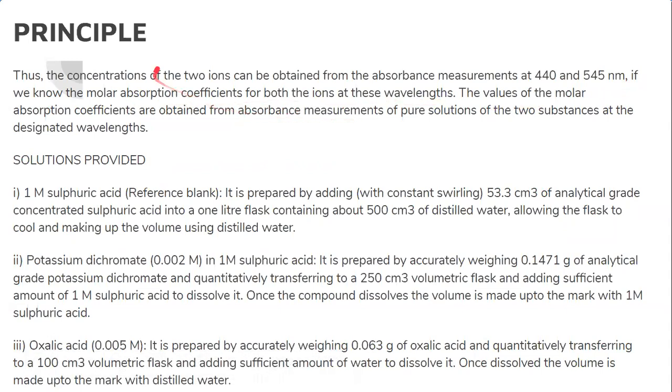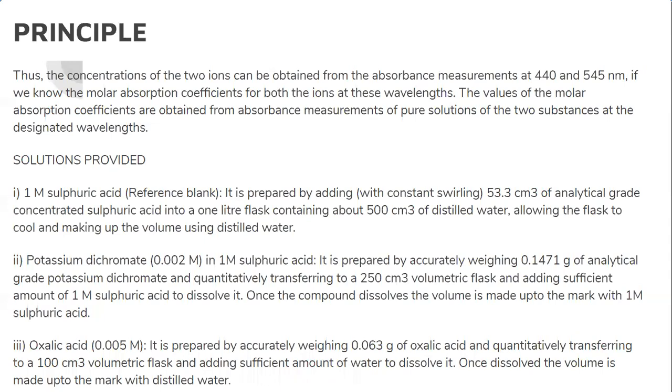Generally we prepare a solution of steel, which may contain chromium as well as manganese, so the solution contains chromate as well as manganese, a mixture. In that mixture, the chromium Cr plus 6 may show absorbance at 440 nanometers as well as 545. At the same time, Mn plus 7 also shows some absorbance at 440 and the maximum absorbance at 545 nanometers.